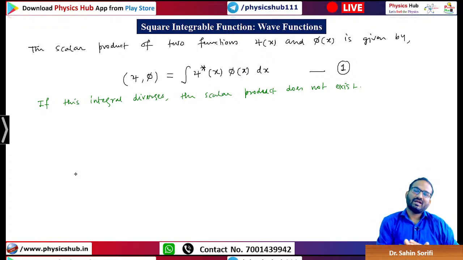So we have to select these functions in such a way that the scalar product remains finite, so that this integral remains finite.